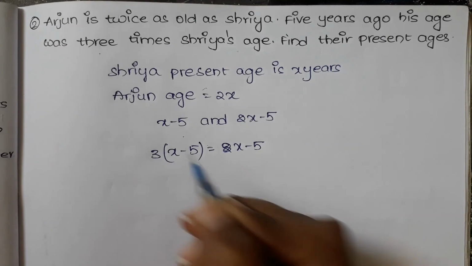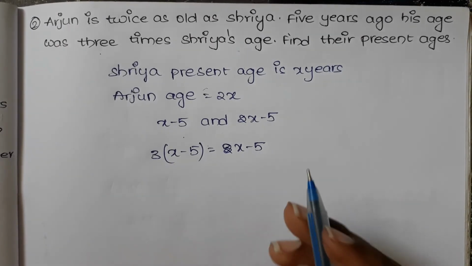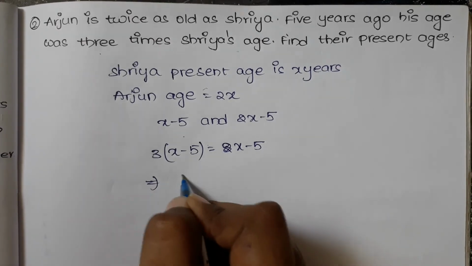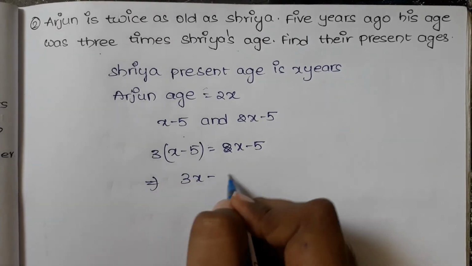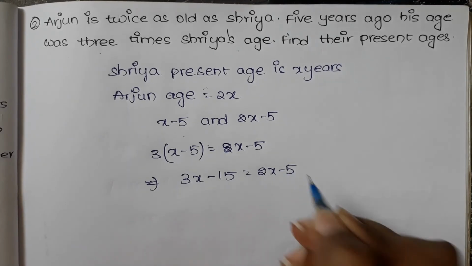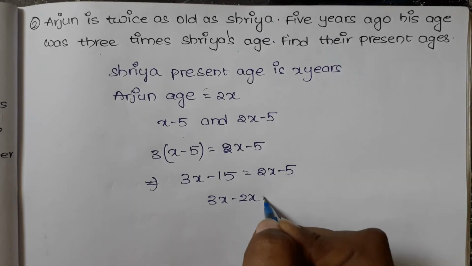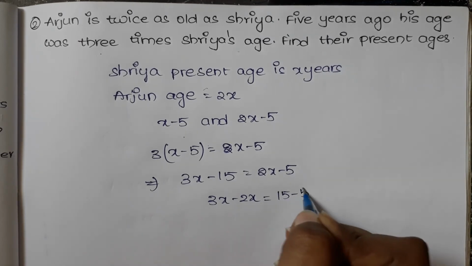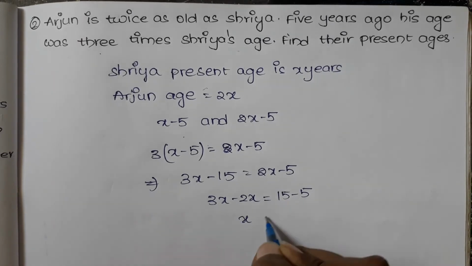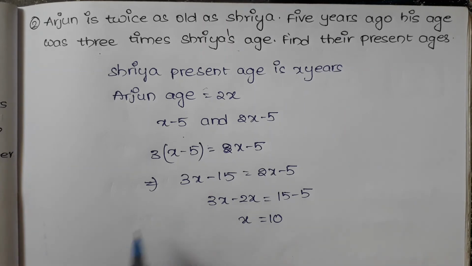Now 3x minus 3 into 5, that is 15, equals 2x minus 5. 3x minus 2x equals 15 minus 5. x equals 10.